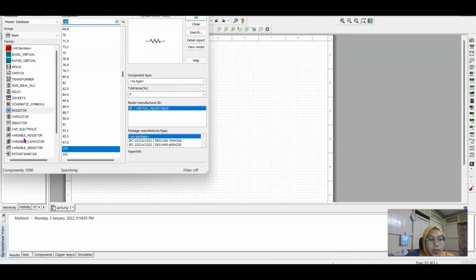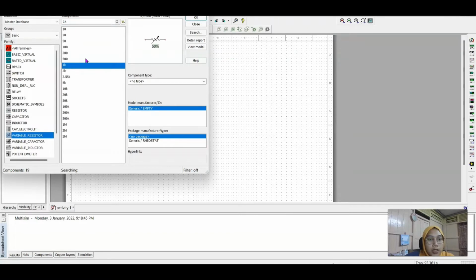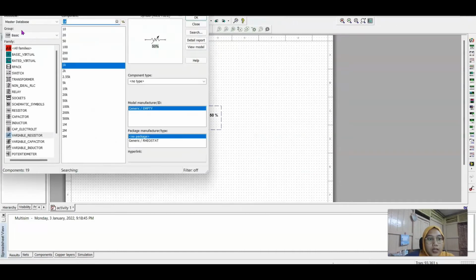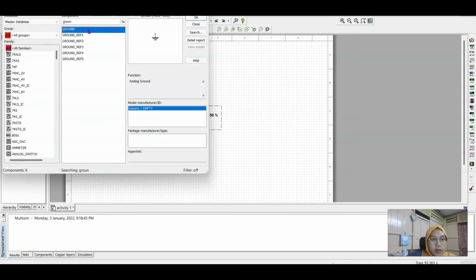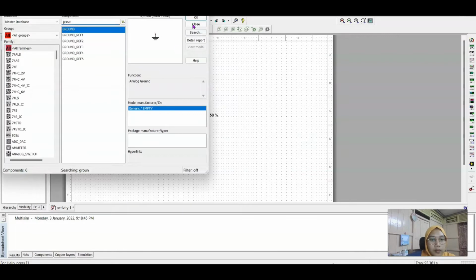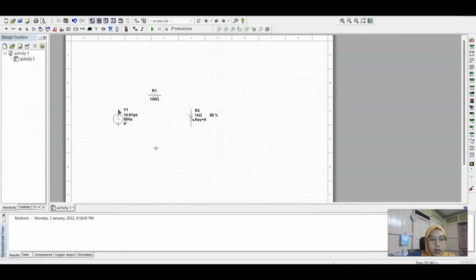The next component is a variable resistor of 1 kilo ohm. Next we need a ground. Let's try to connect.